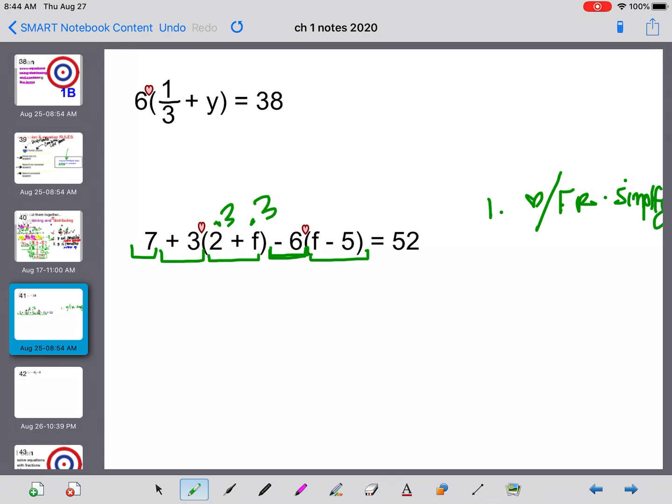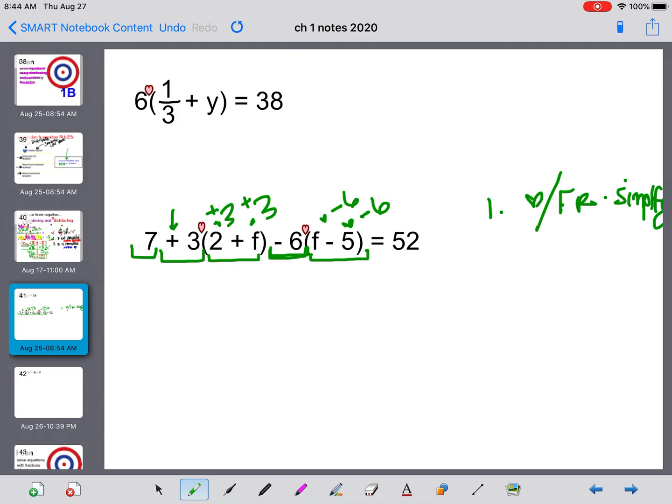So identifying those terms is really important because I have to know that what I'm sharing over here is a -6, and what I'm sharing over here is a positive 3. And I can put those in just so that they're more visual. But identifying those terms in an equation is really important so I know exactly what it is that I'm distributing or working with.